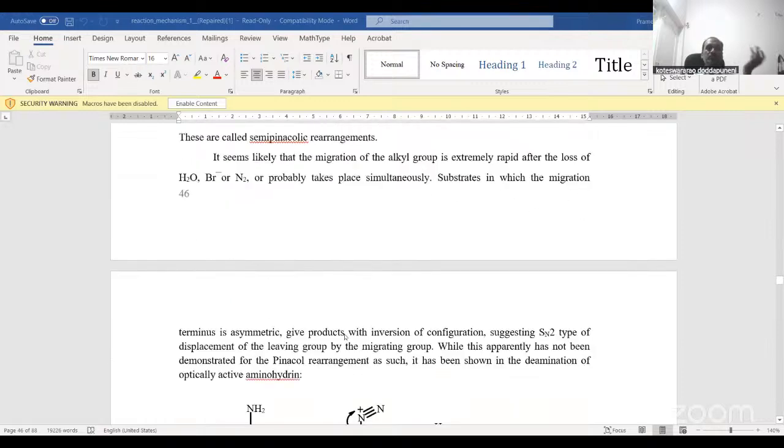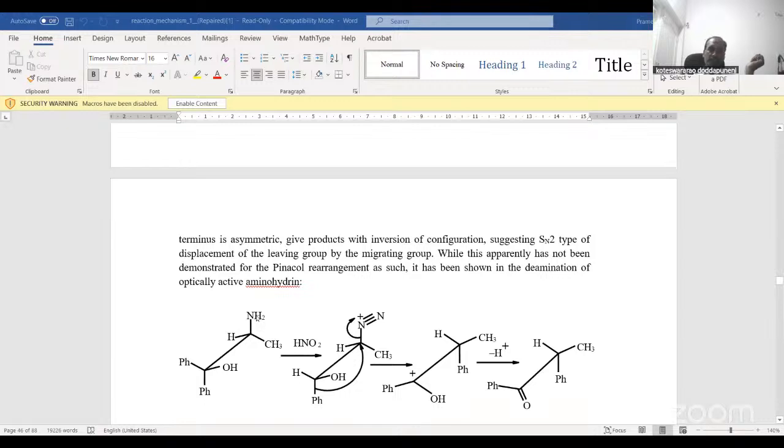It seems that the migration of the alkyl group is extremely rapid, and probably takes place simultaneously with the loss of water, bromide ion or nitrogen gas. A substrate in which the migration terminus is asymmetric gives the product with inversion of configuration, which suggests an SN2 type of displacement of the leaving group by the migrating group.